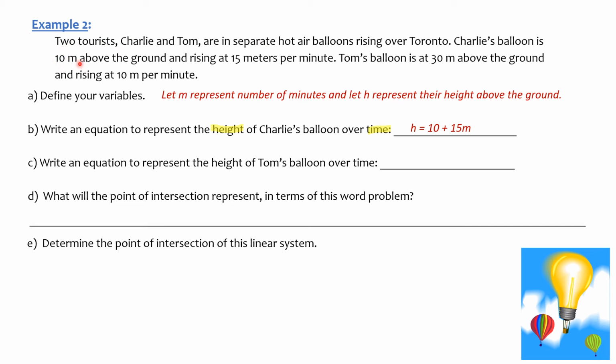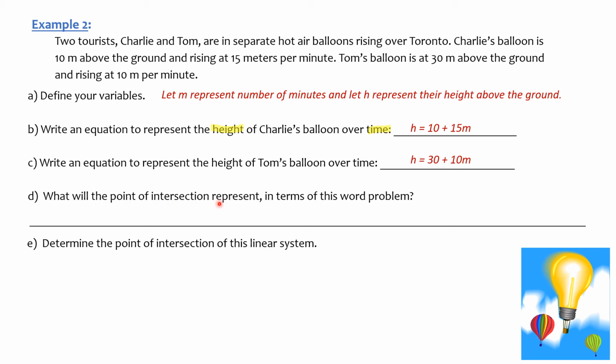So these are our starting values. They're our initial values. They don't have a variable attached to them. They're the y-intercept. So Tom's height starts at 30, and then he's climbing at 10 meters per minute, and the m is for how many minutes. So if he's climbed for 1 minute, then he's at 40 meters high.